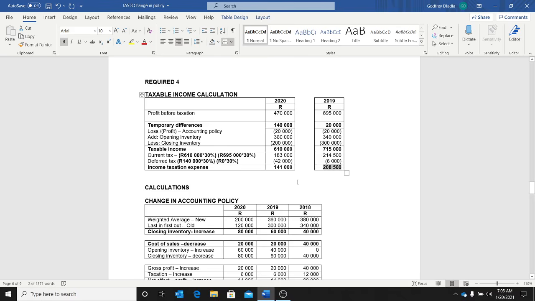Then you go to the following here. It's 20. Remember, this closing here becomes opening here, so this one must be 300. And then the next figure here will be 200,000 because now the new method becomes acceptable here. So if I add all these figures, 80 here. If I add 80, that gives me 550.